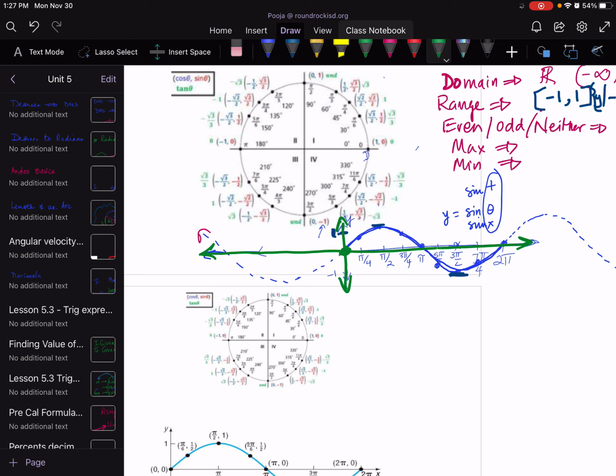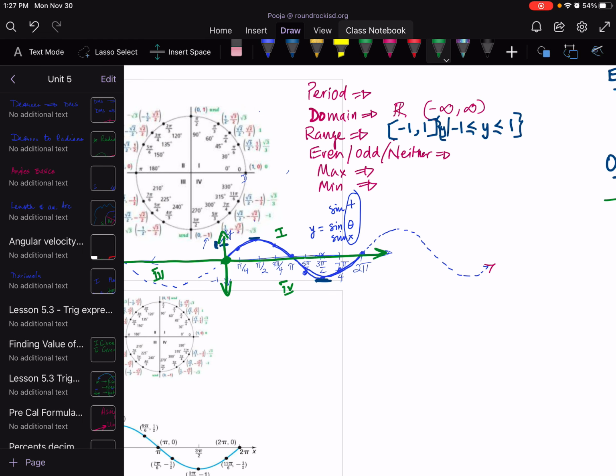This is the origin. Everything that's in the first quadrant, you can clearly see there's a reflection of that in the third quadrant. And anything in the second quadrant, there's a reflection of that in the fourth quadrant. So our sine function is an odd function because it's symmetric with respect to the origin.